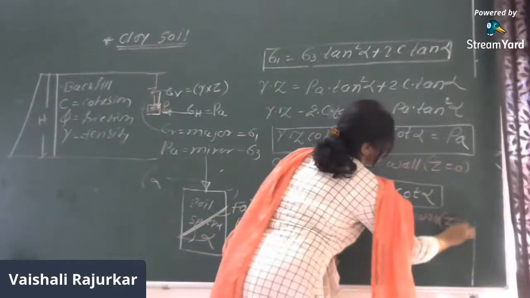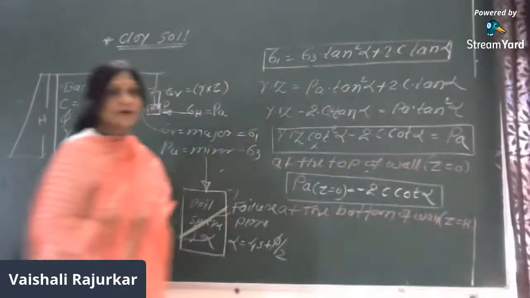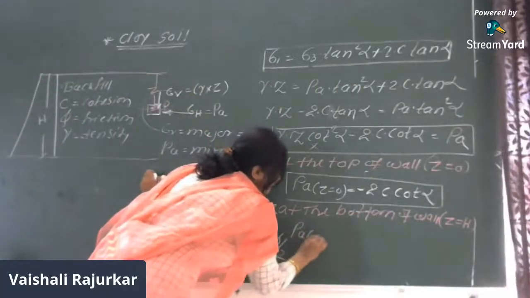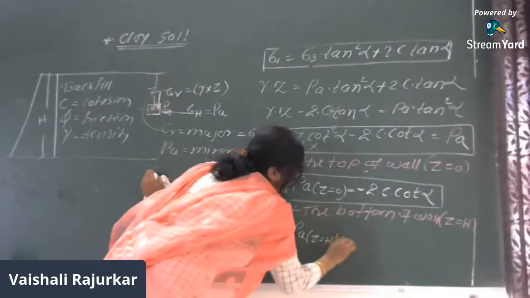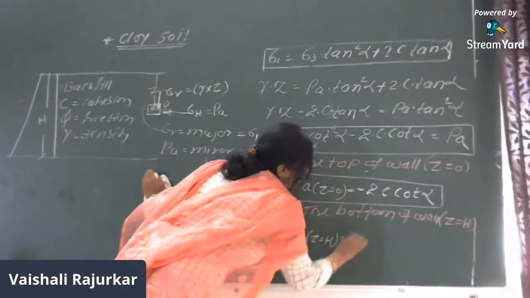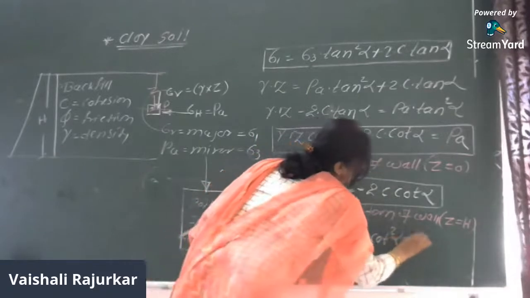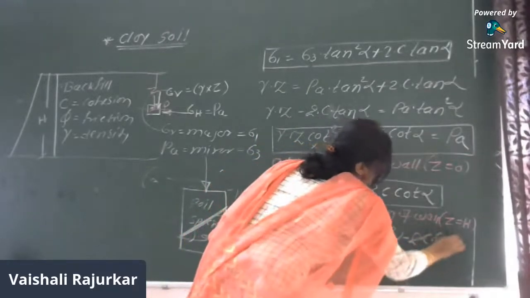Z is equal to H, and therefore PA at Z equal to H will be gamma into H cot square alpha minus 2c cot alpha.